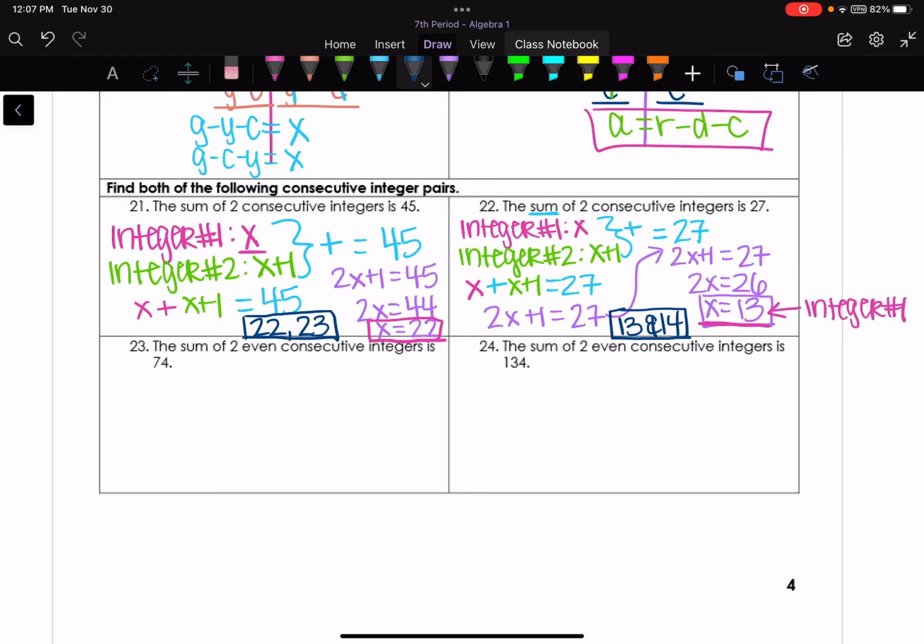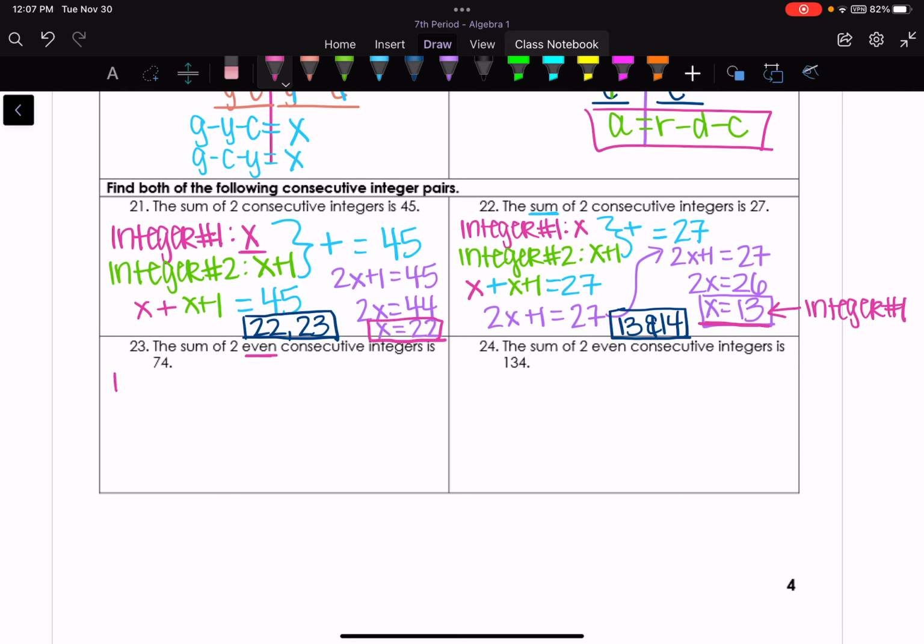Number 23 tells us that we have the sum of 2 even consecutive integers is 74. So if I'm thinking of even consecutive integers, that would be like 20 and 22. They're not right next to each other. They're the consecutive even numbers.